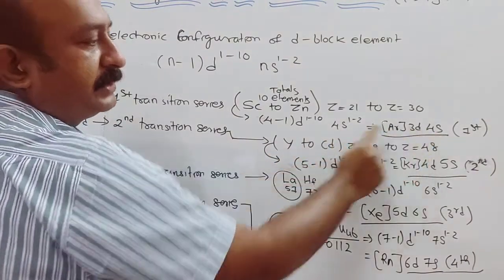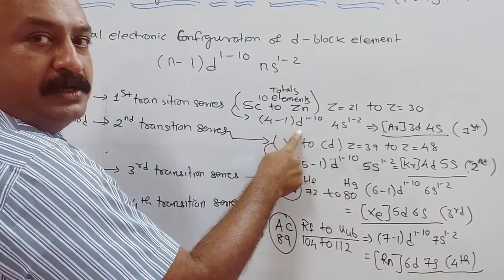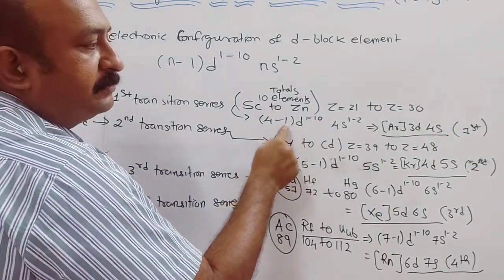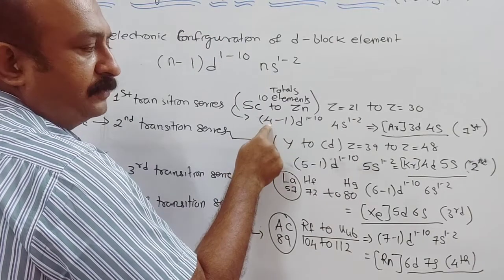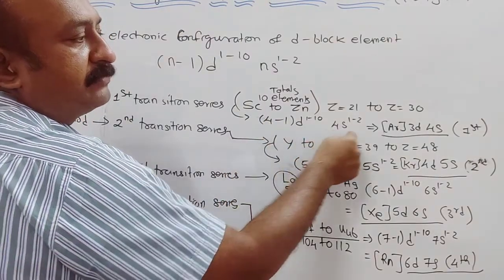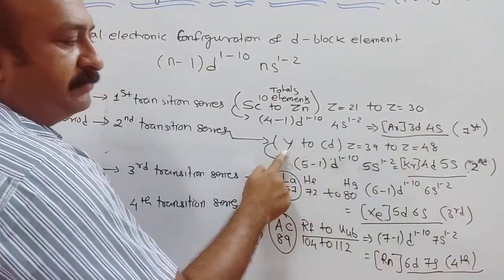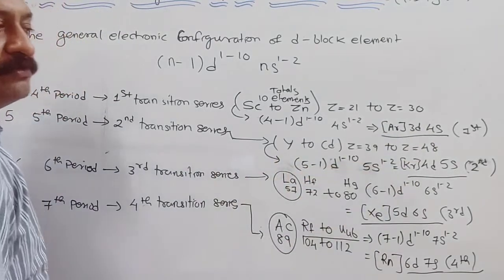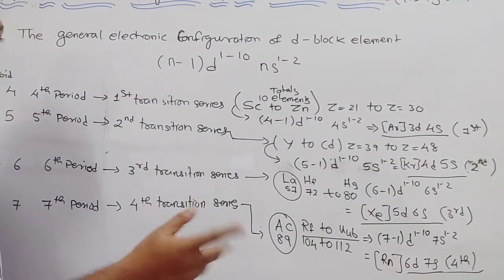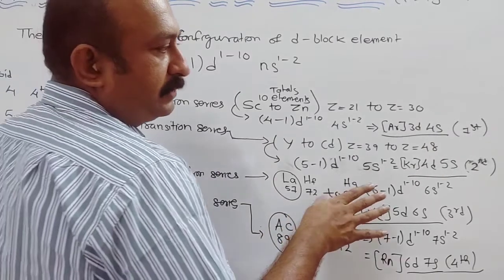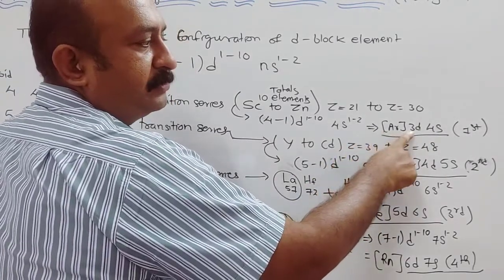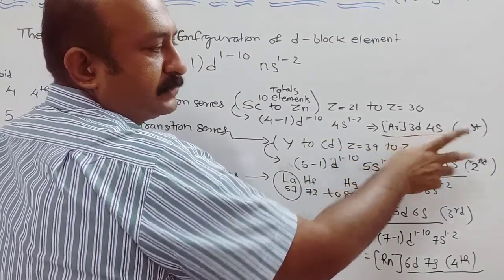Why is it 3d 4s? The reason is (n minus 1)d, what we call. N minus 1 means here fourth period. So n is 4, 4 minus 1, and 4s. So 3d 4s. Same way here 4d 5s, like this. This way you can remember. Understood? Fourth period means here it will be 3d 4s. So 4s you can remember.